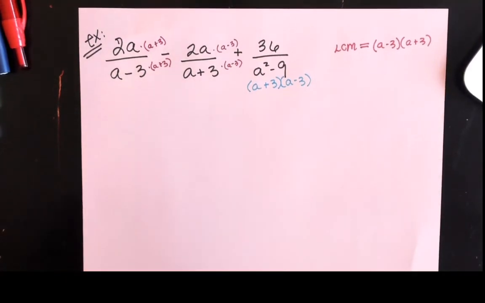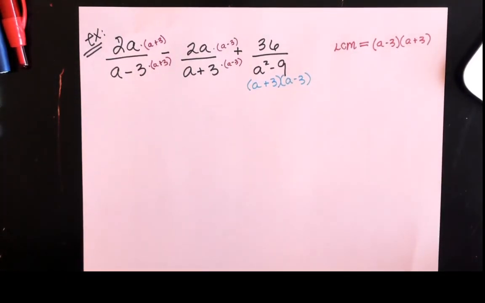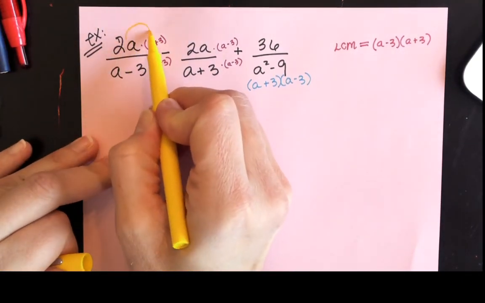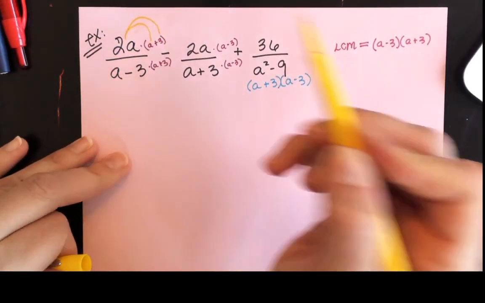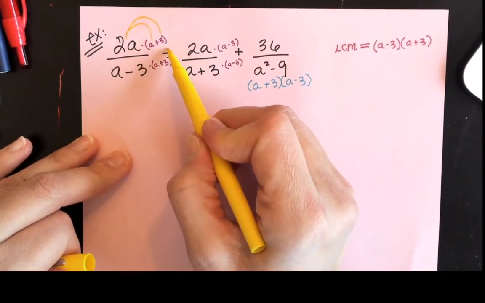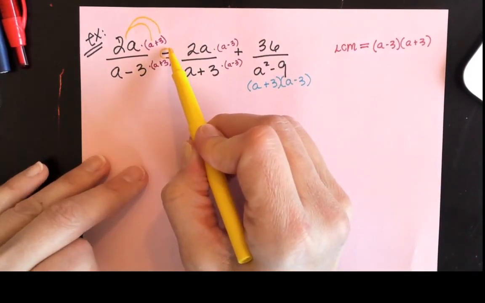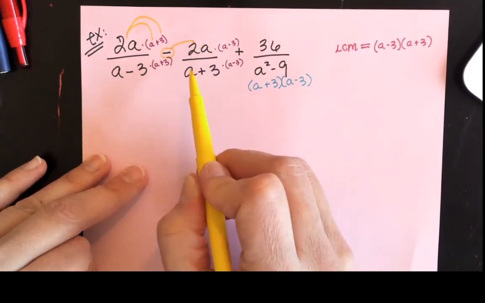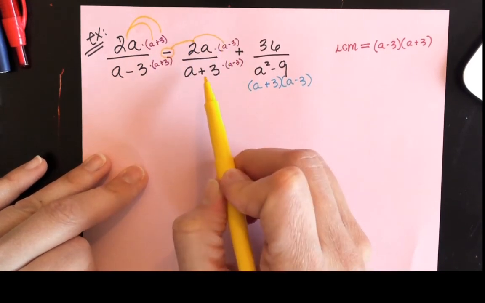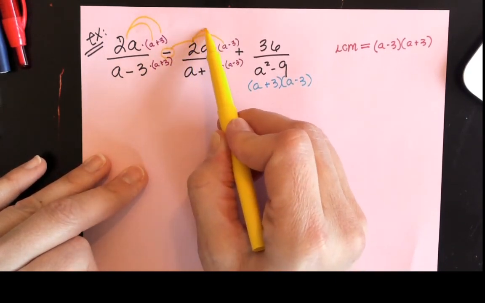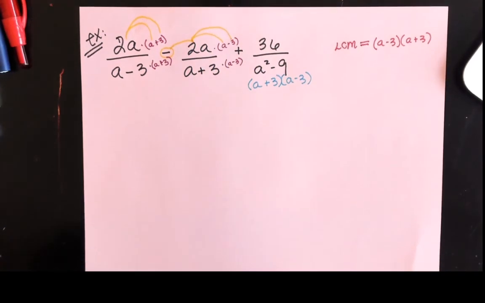So now all I have to worry about is, in this case, thankfully, just distributing. I need to take my 2a to the a and my 2a to the 3. I need to make sure I pay attention to the negative sign that's going to go with our 2a to the a and our 2a to the 3.